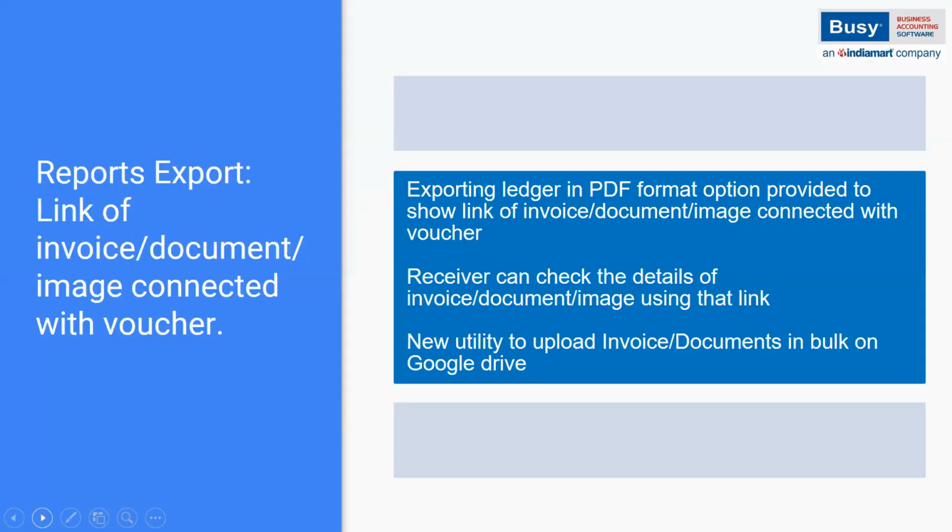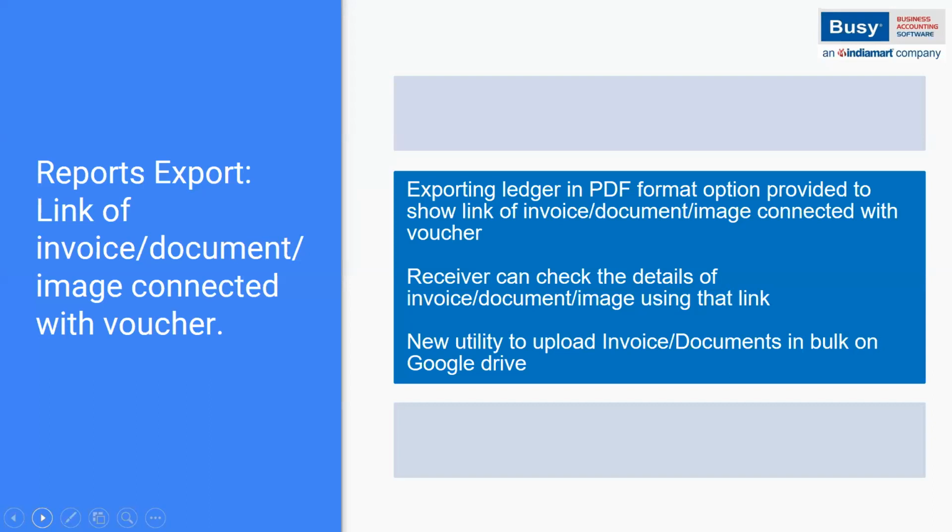Another important thing we have given: when you export a report from Busy, you can give the link of that document that is available in your Google Drive, or the image. Suppose you are giving a ledger to a client and in the ledger there are 10 transactions, and for those transactions you have already uploaded the document to Google Drive. You can just export that ledger with the link.